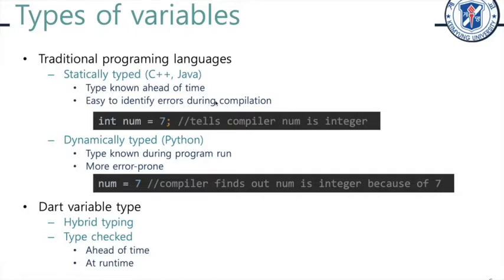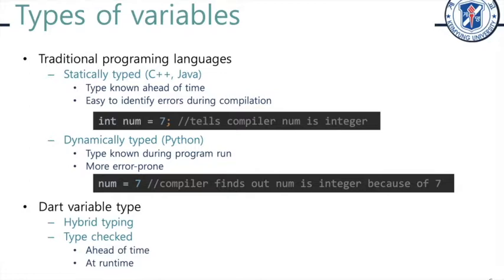C++ and Java are kinds of programming languages that use statically typed variables. Whereas in Python, we use dynamically typed variables, and this means that the type of the variable is known when the program is executed.